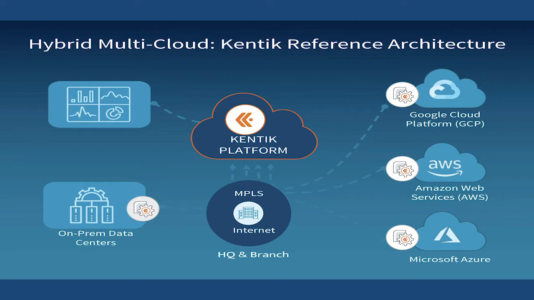The Kentik platform is a software as a service platform that collects a variety of data sources from infrastructure broadly across on-prem, so routers and switches, but also cloud environments.